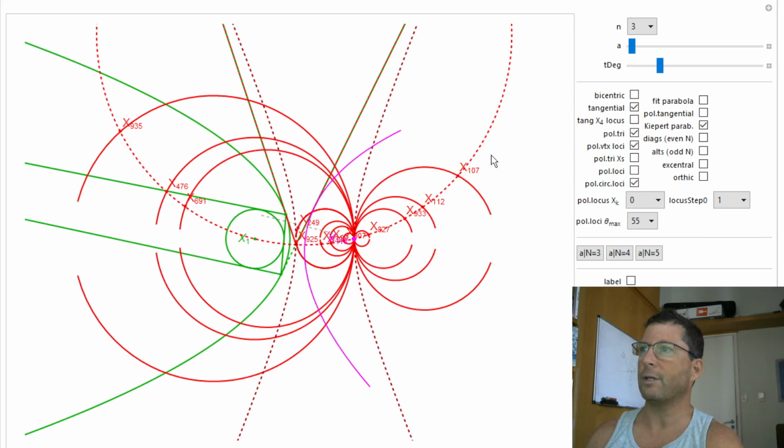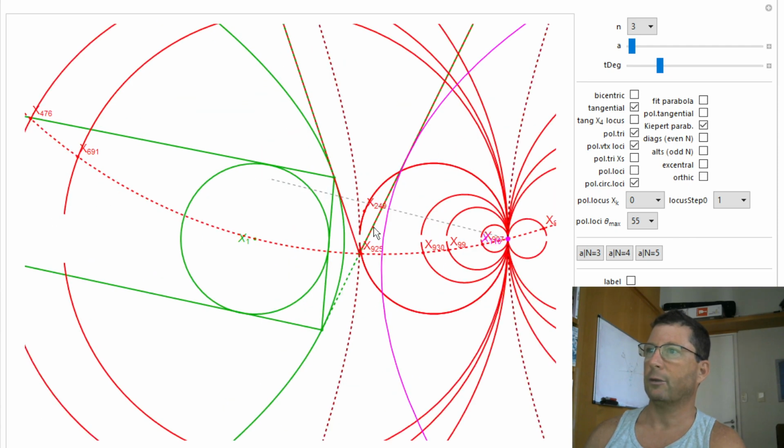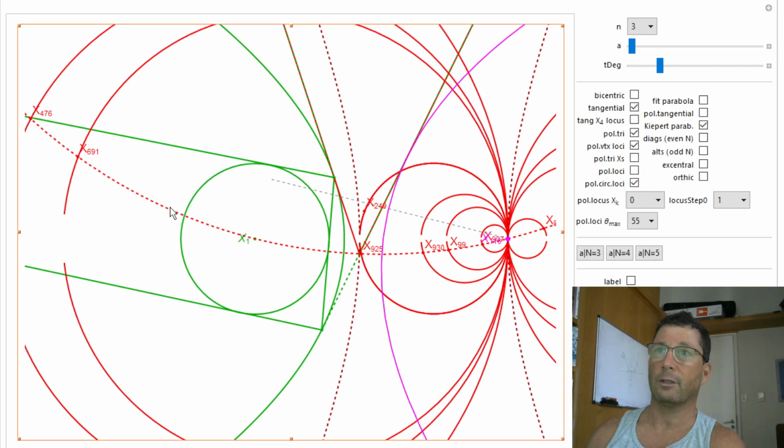But many of these points lie on the circumcircle. Let's expand this a bit. Here's X249, it does not lie on the circumcircle. But all the other ones, 476, 691, 925, this dashed red thing here is the circumcircle, right?